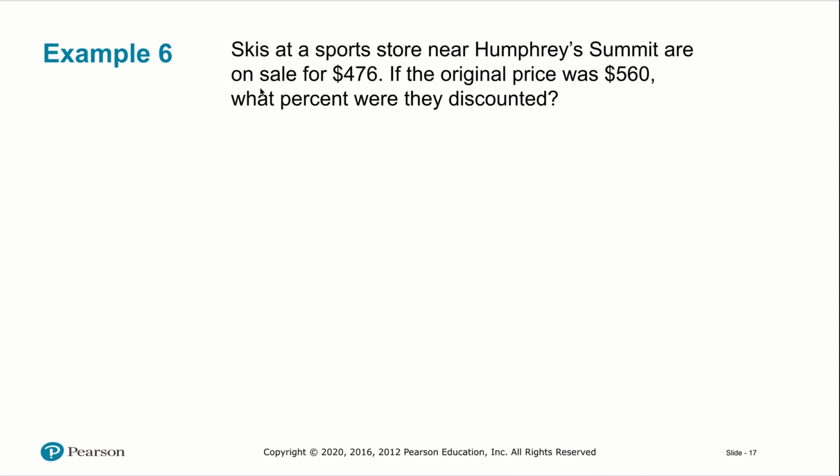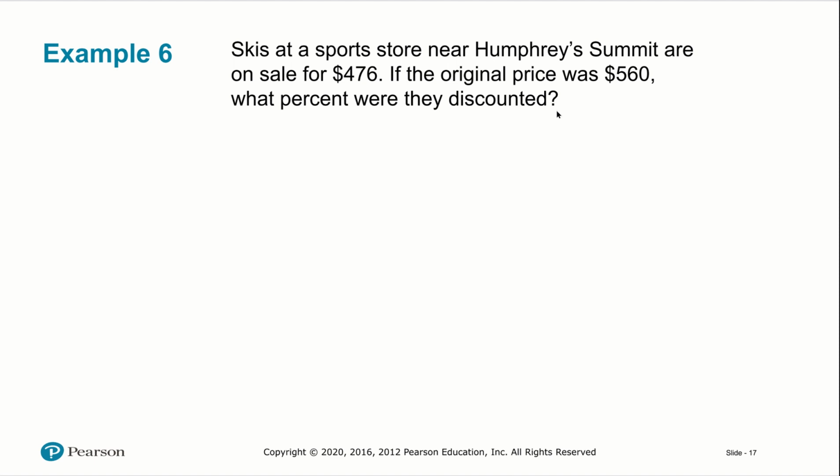Okay, here we have another scenario. Skis at a sports store near Humphrey Summit are on sale for $476. If the original price was $560, what percent were they discounted, right? Well, basically, we know the amount they were discounted, right?